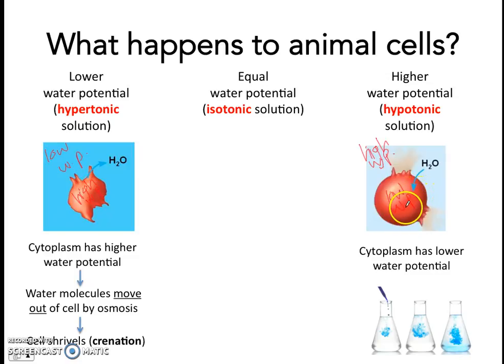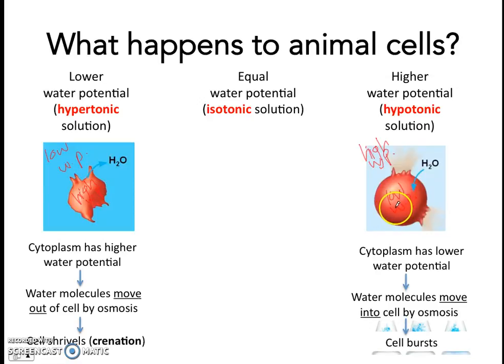Well, you're correct to say that water molecules will move into the cell, right, from higher water potential to lower water potential by osmosis. And what this results in is that the red blood cell, or the animal cell more generally, gets so much water going into it that it bursts. Another word for bursting is lysing, lysis.